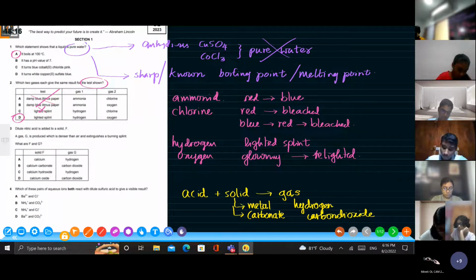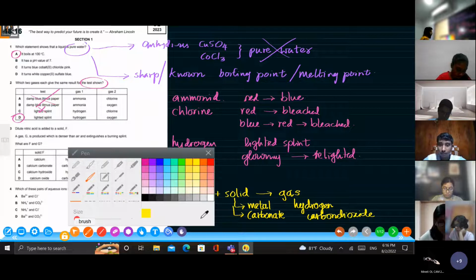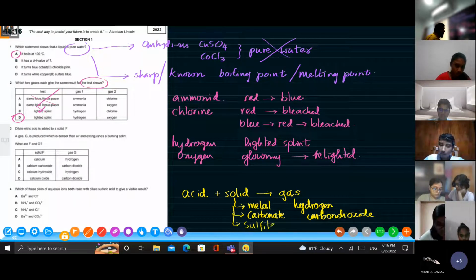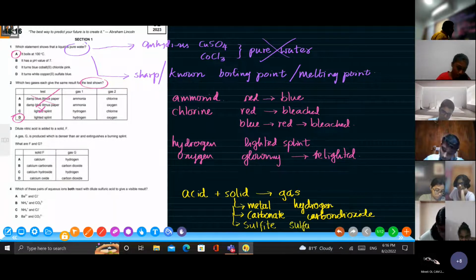There is another one, which is very rare: if the solid is a sulfite, SO3, not sulfate, then the gas is going to be sulfur dioxide. You get it? So metal gives hydrogen, carbonate gives carbon dioxide, sulfite gives sulfur dioxide.